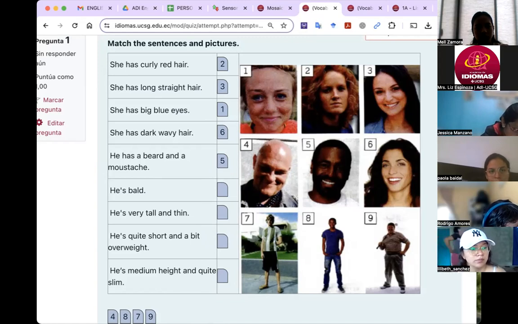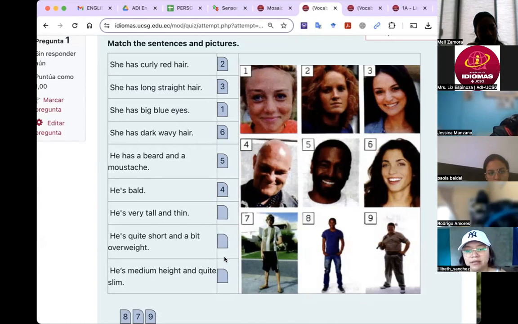Thank you, even though the picture was not so clear. Next. He's bald, number 4. Very good. Next one.